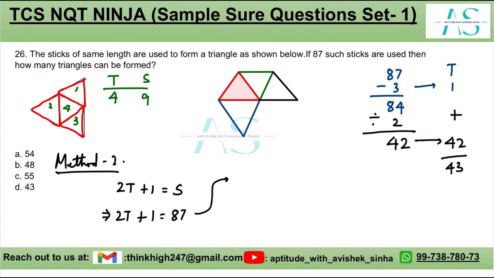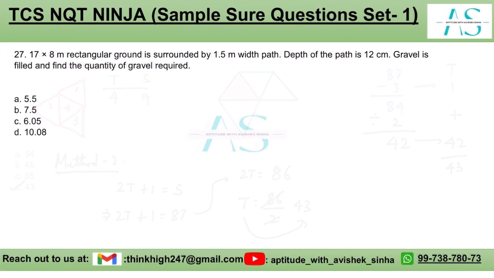Next step, 2t is 87 minus 1, 86. T is equal to 86 by 2, which is 43, where T represents triangles and S represents the number of sticks. So you can use either of the two methods, you can always get to your correct answer. Option D seems to be the correct fit here. I hope this helps.